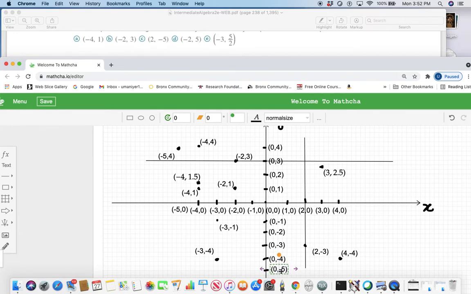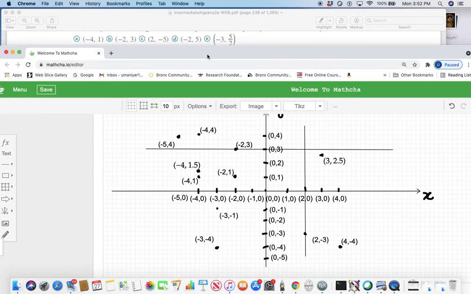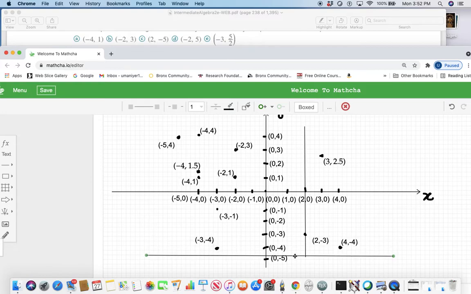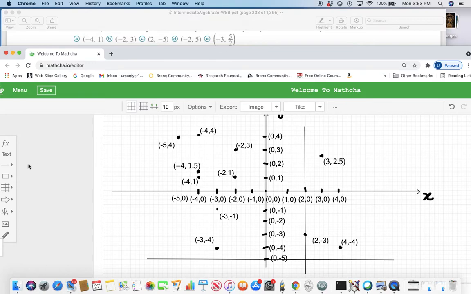So on the y-axis, negative 5. On the x-axis, 2. On the y-axis, negative 5. So that's your point. Doesn't look like my lines are intersecting. Now they are. All right. So that's your point 2, negative 5.